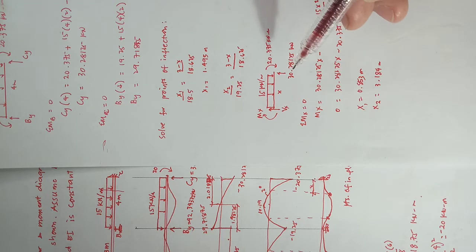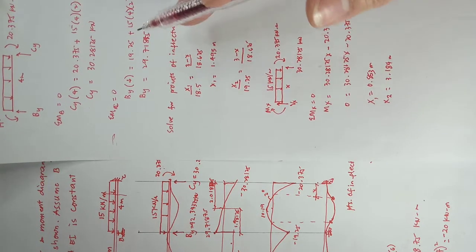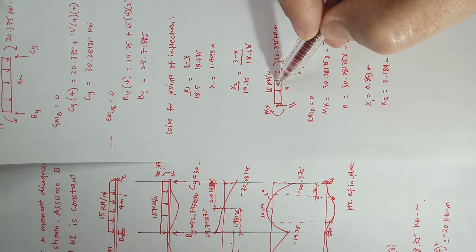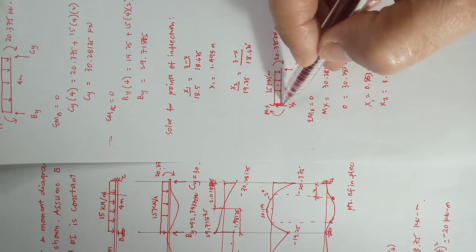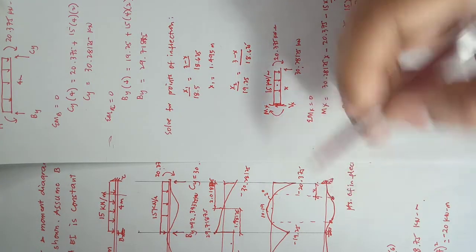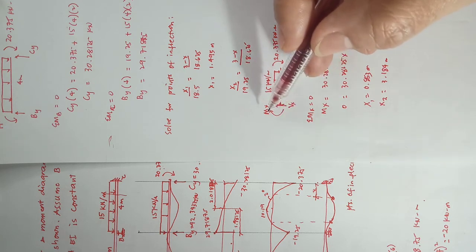Okay, as shown in our beam, you have a moment at C equal to 20.375, then your reaction, your load, and consider this distance x. So since you cut that point, which is the 0 moment, you will have the shear at x and the moment at x.